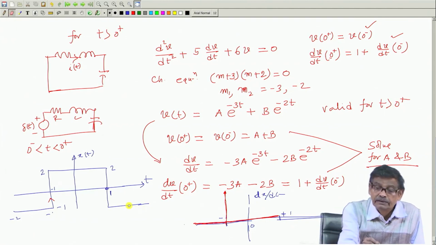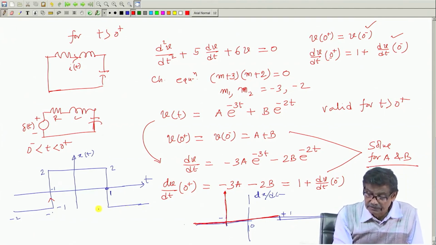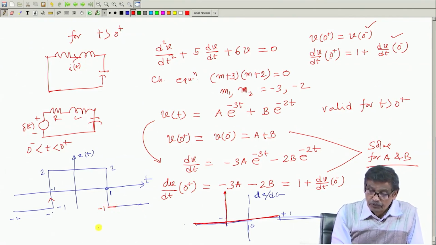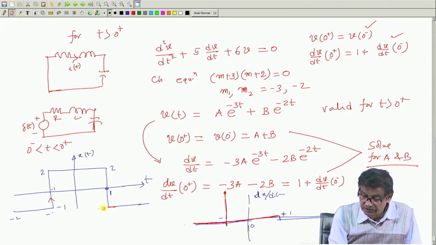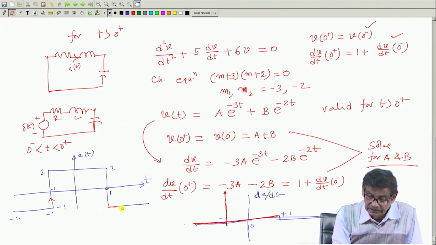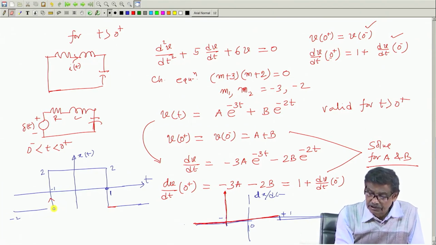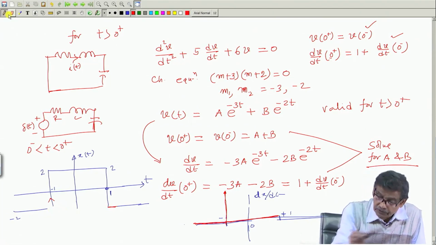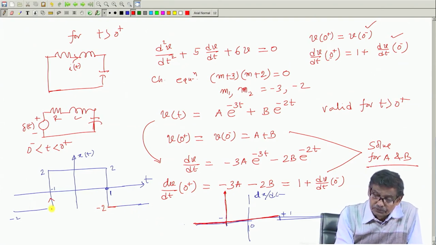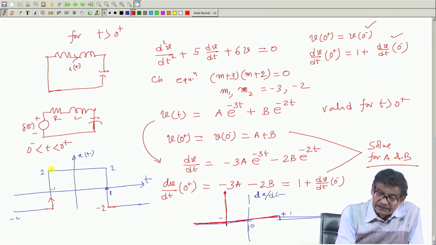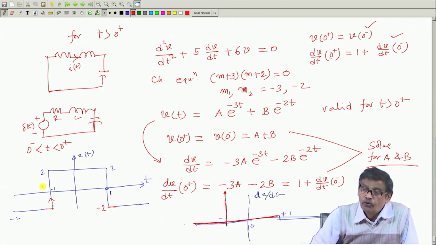So, the jump at t equal to -1 was actually from -2 to +2. So, the jump has taken place of 4.